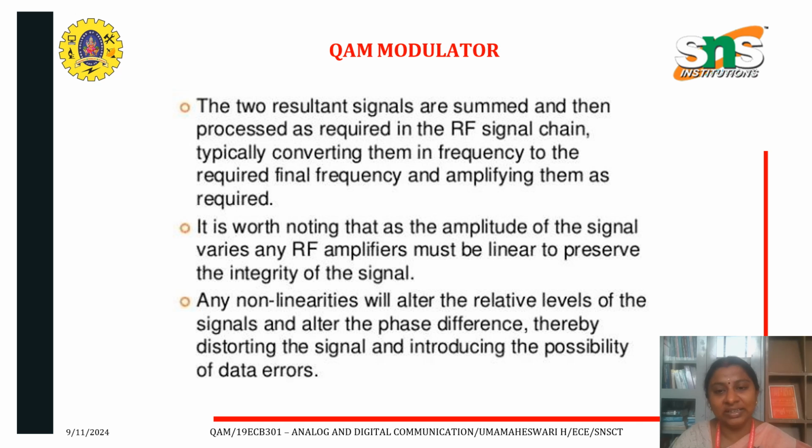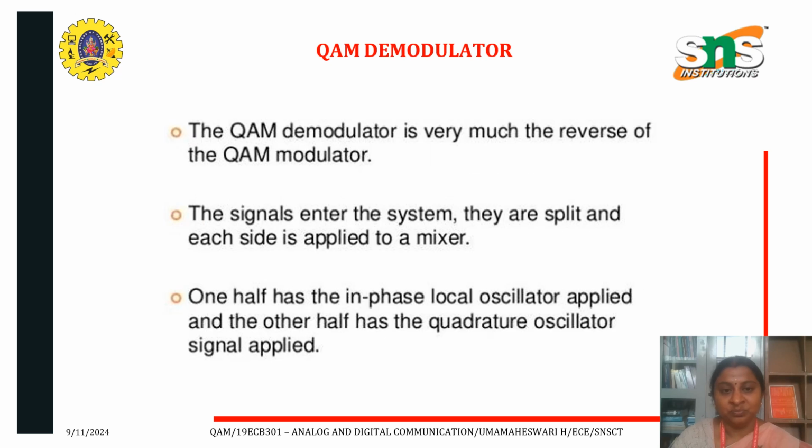It is worth noting that as the amplitude of the signal varies, any RF amplifiers must be linear to preserve the integrity of the signal. Any nonlinearities will alter the relative levels of the signals and alter the phase difference, thereby distorting the signal and introducing the possibility of data errors.